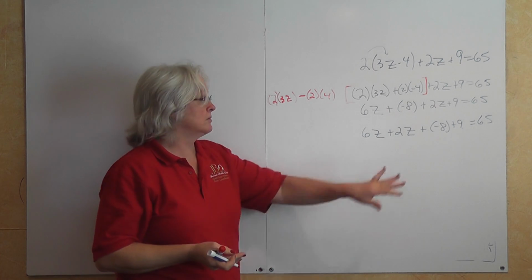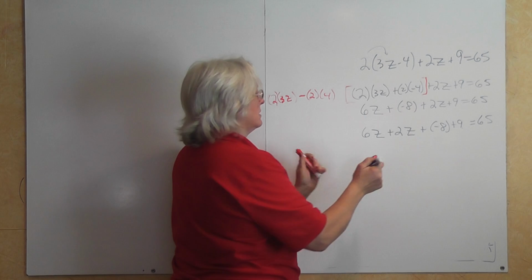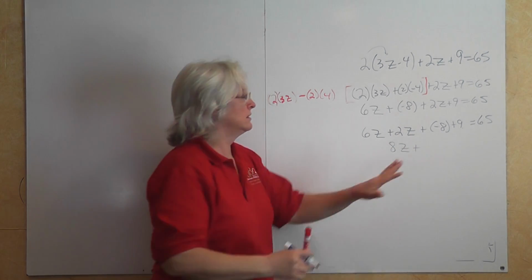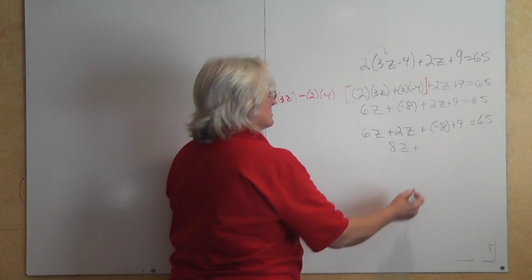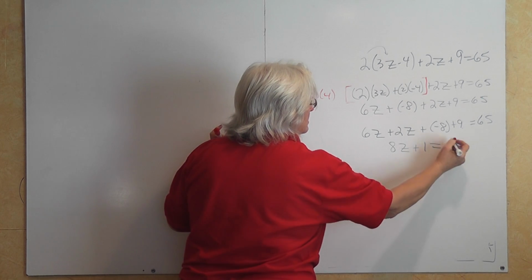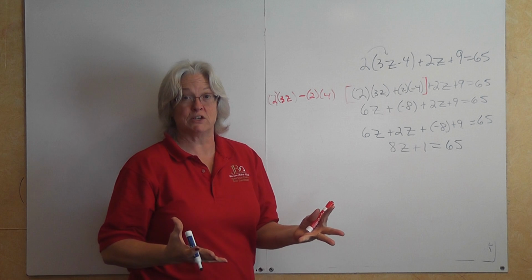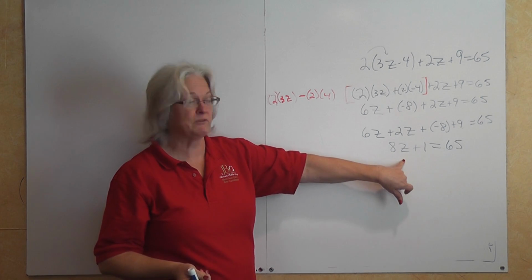When you have like terms, same variable, you add the coefficients. 8z plus negative 8 plus 9 is a positive 1, so it's plus 1, is equal to 65. I don't care what 8z plus 1 is. I want to find out what z by itself is.